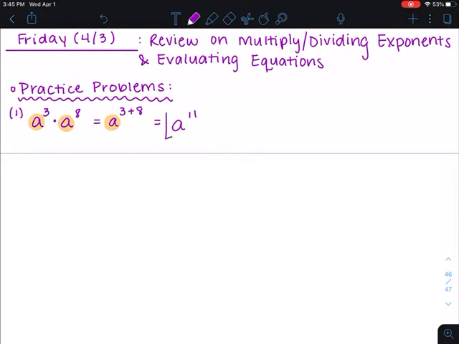So a to the 3rd power times a to the 8th power equals a to the 11th power. So on a sheet of paper, I want you to try this one.